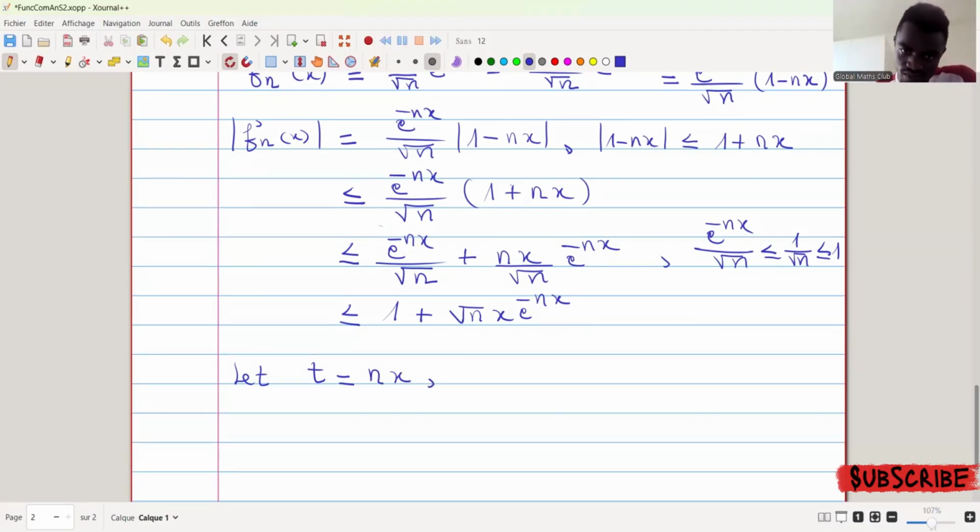then what do we have? Square root of n x equal to what?